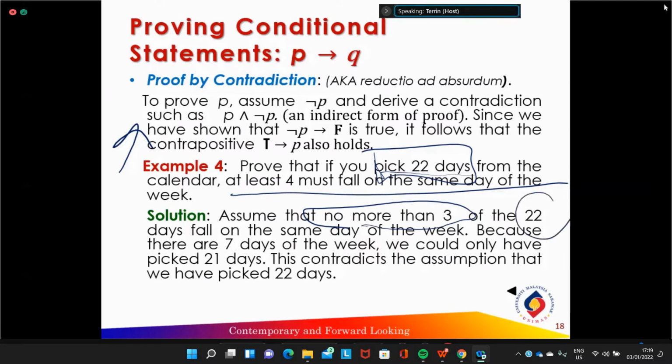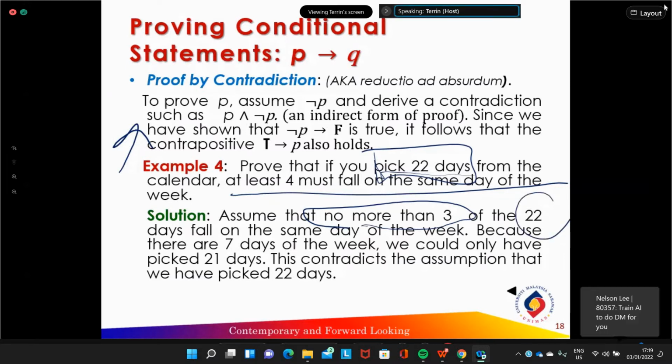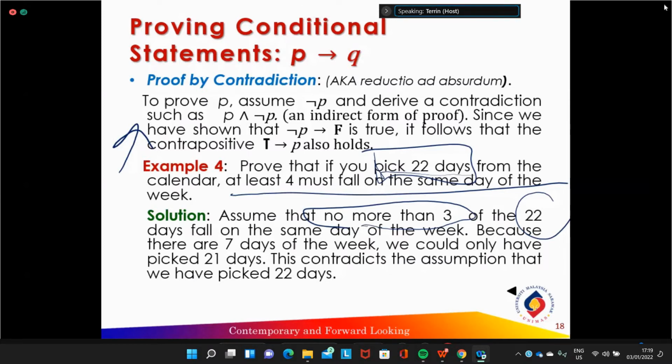But here you have 22 days. So it is unlikely that at most you will get 3. There is still that possibility of the 4th day occurring on the same day.